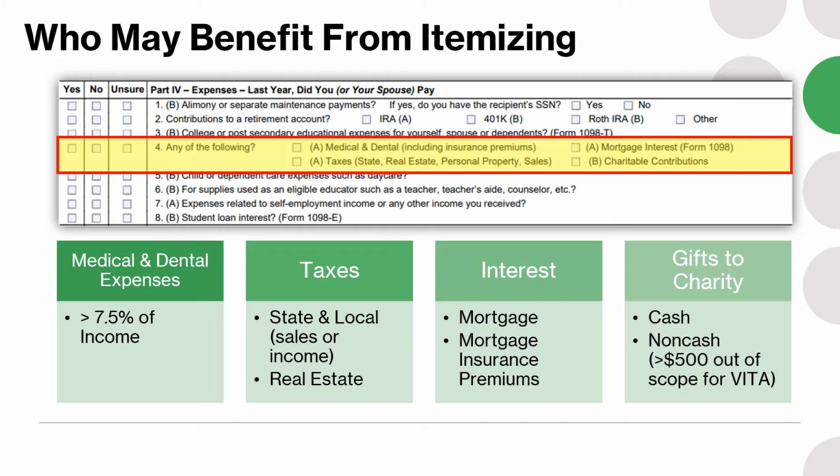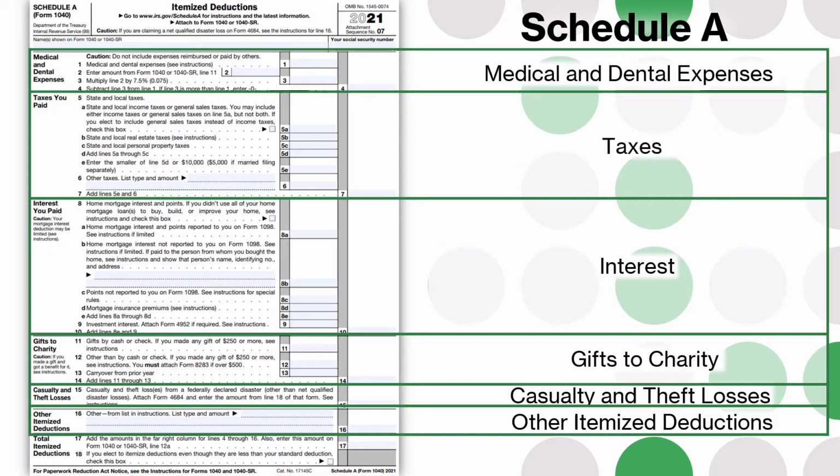And you might recognize this slide setup from our standard deduction lesson. We did just barely touch on it, of course, because it's important for all volunteers to recognize when somebody might benefit from taking itemized deductions. But in this lesson, we're going to delve a little deeper into each of these scenarios.